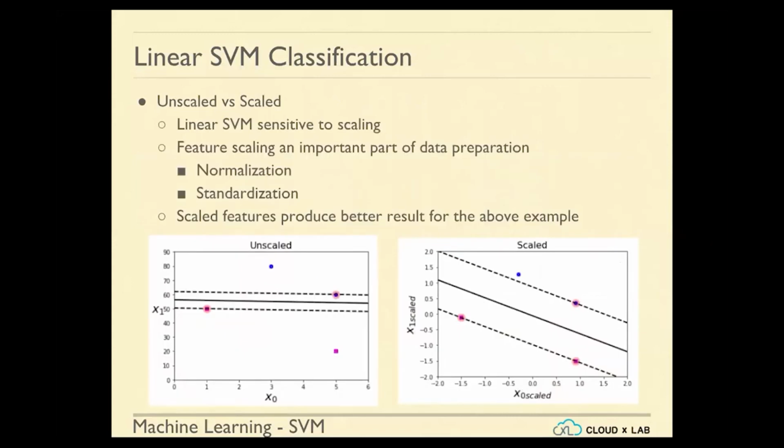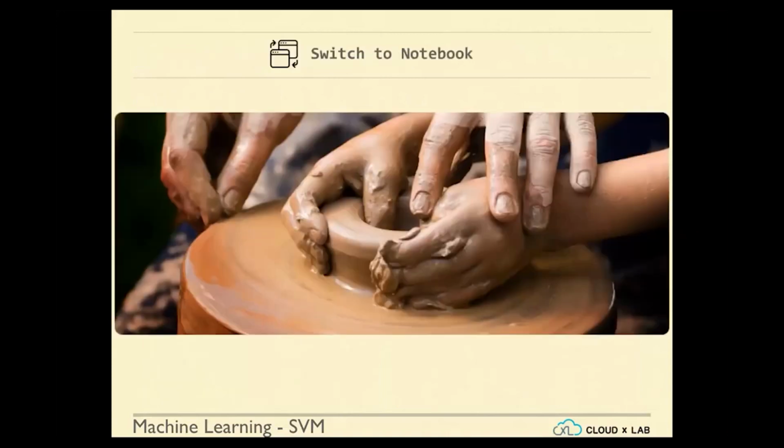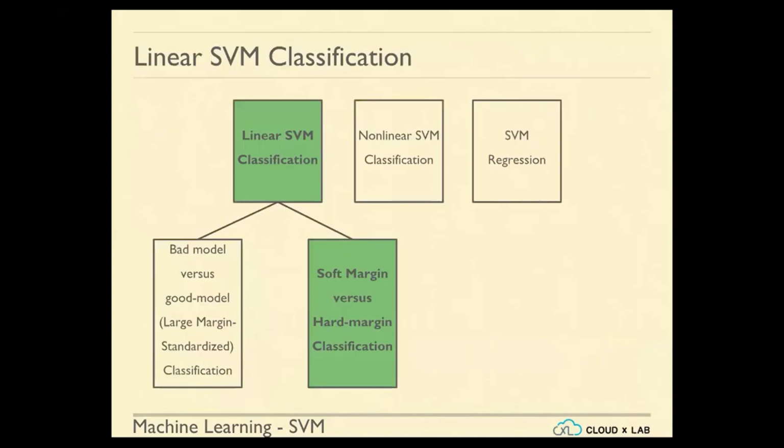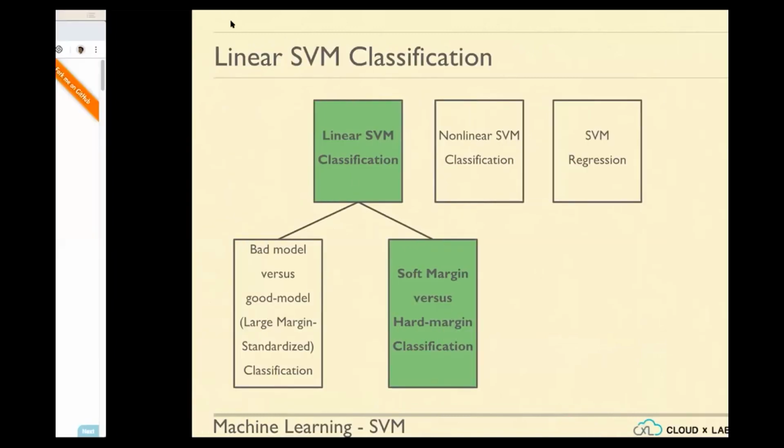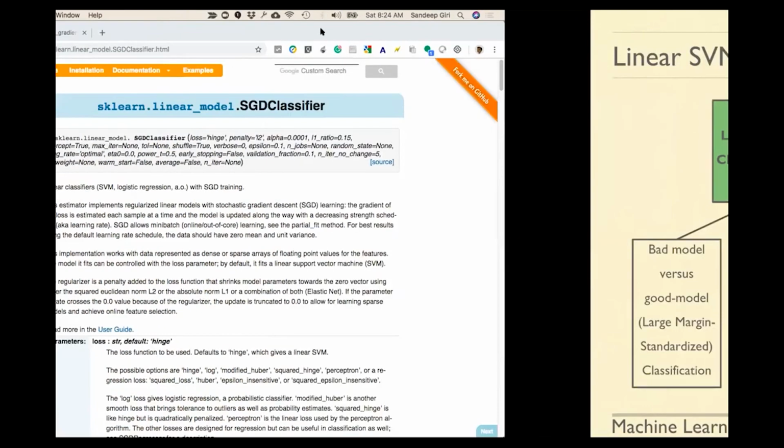Linear SVMs are very sensitive to scaling, and we should scale either using normalization, min-max, or the standard scaler. Now you can clearly see the difference. Now let's just run it.